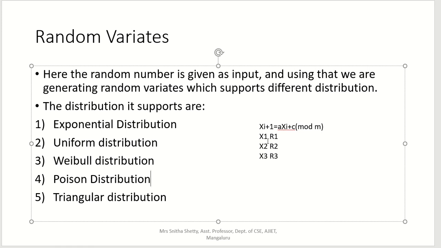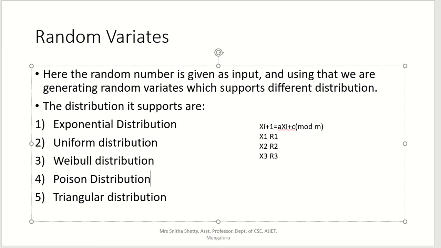There are different techniques to generate a random variate, just as there were different techniques to generate random numbers. We studied the linear congruential method, the combined linear congruential method, and the multiplicative linear congruential method to generate random numbers. Similarly, to generate a random variate there are several methods.